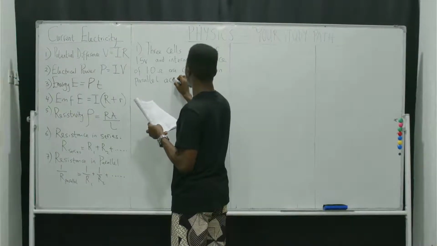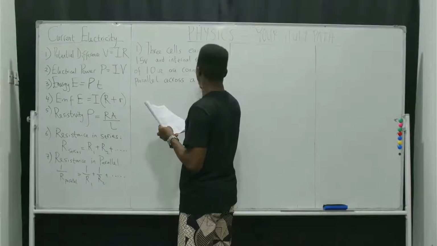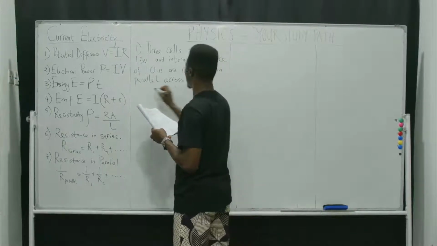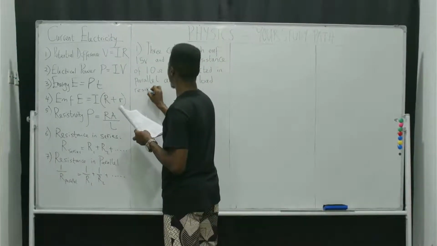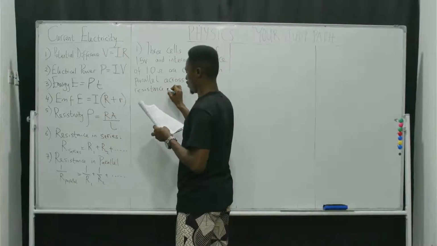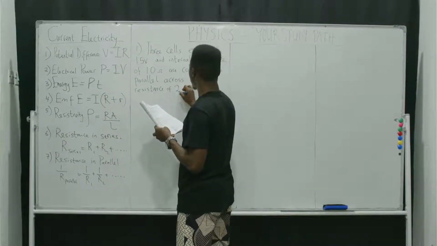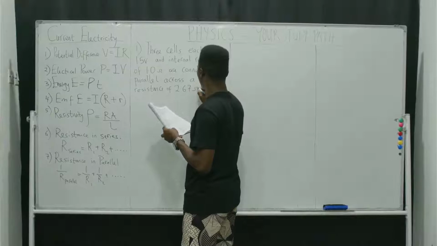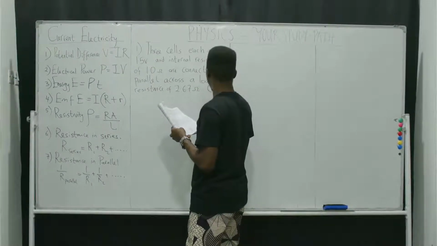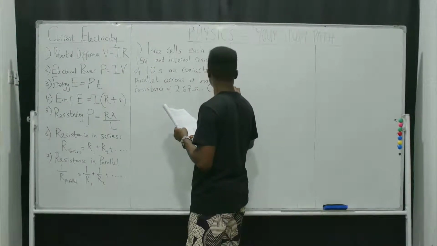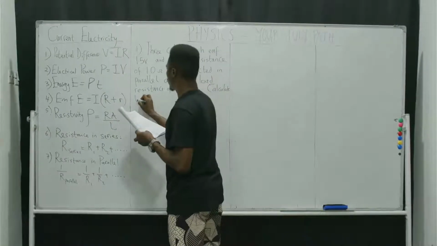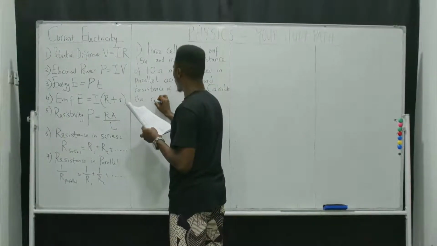across a load resistance of 2.67 ohms. Calculate the current in the load.